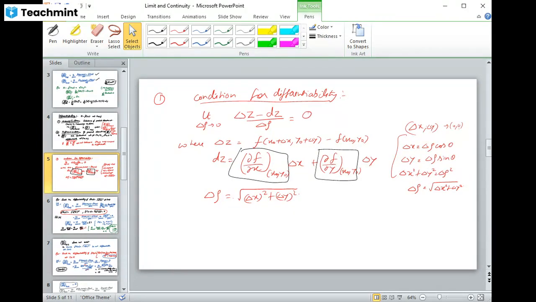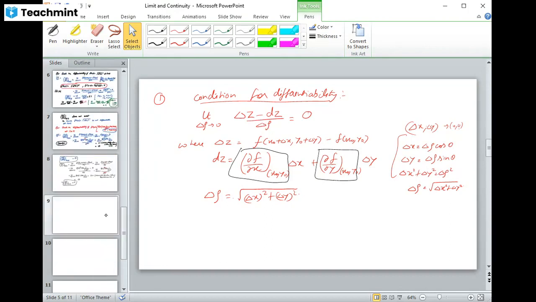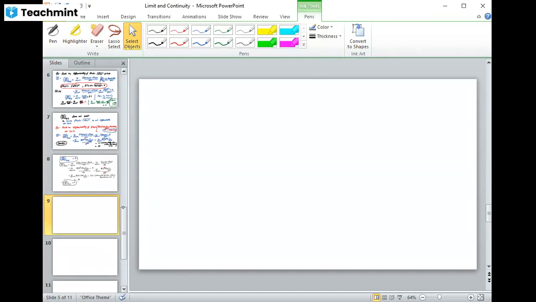Later on we will check the condition of continuity also, because from that we can conclude whether it satisfies the condition for continuity or not. So let us first check the condition: limit delta rho tends to 0, delta z minus dz upon delta rho equal to 0. Now I want to check this condition first, so I need to find delta z.